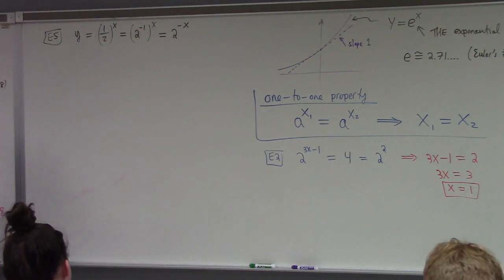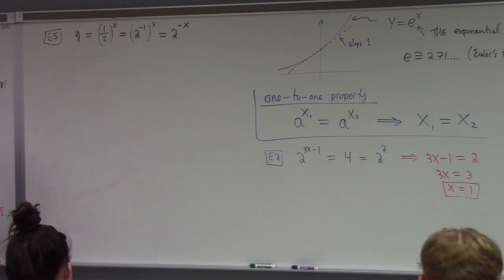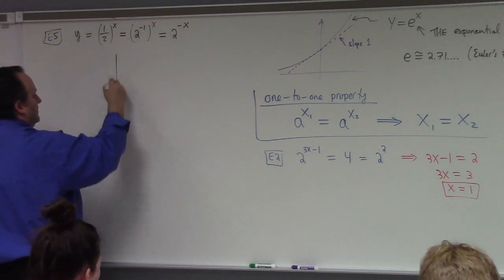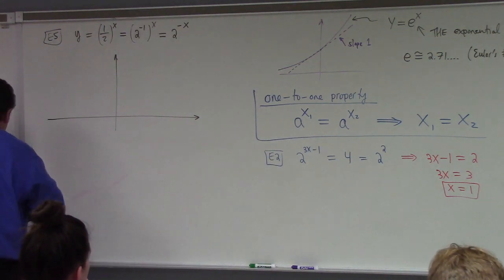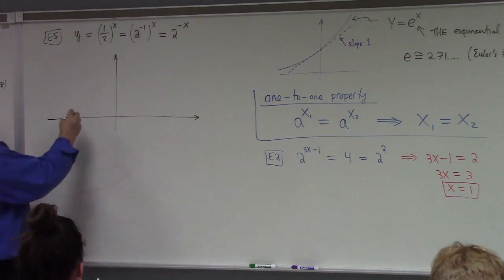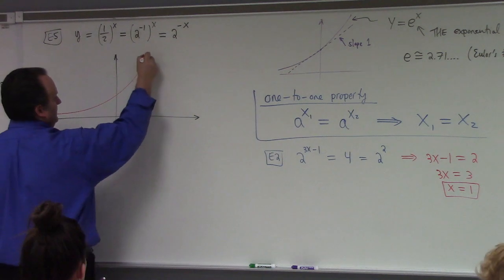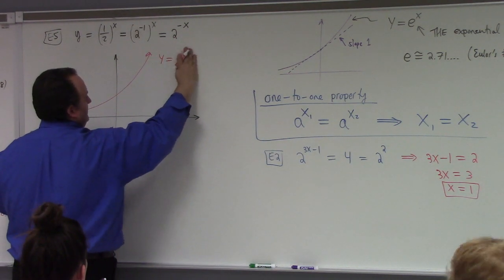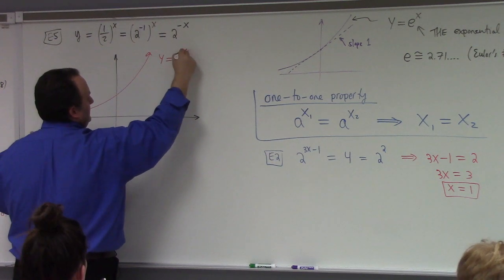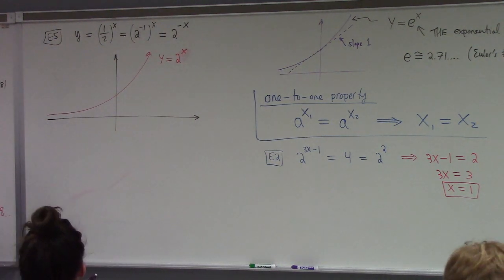Now hold on a second. We know what to do. Now we know what to do, right? Because we already know that if we have a graph like 2 to the x, right? If this is 2 to the x, then what does y equals 2 to the minus x look like?